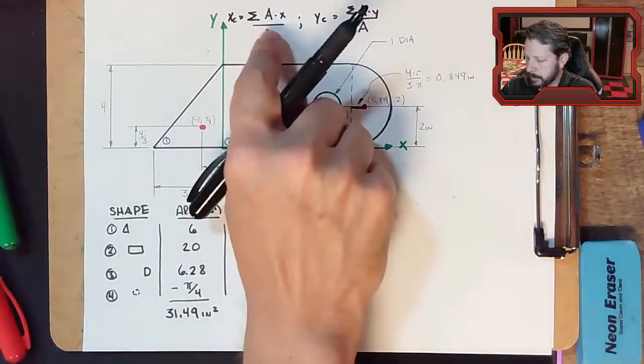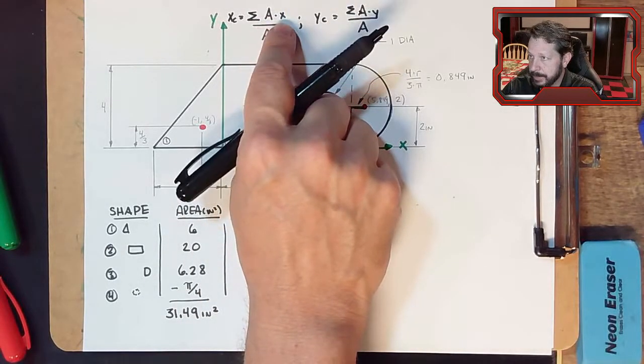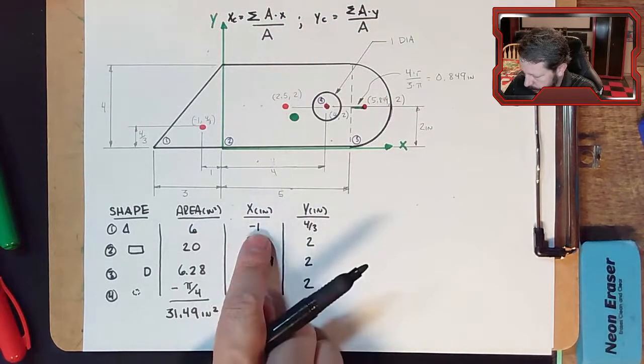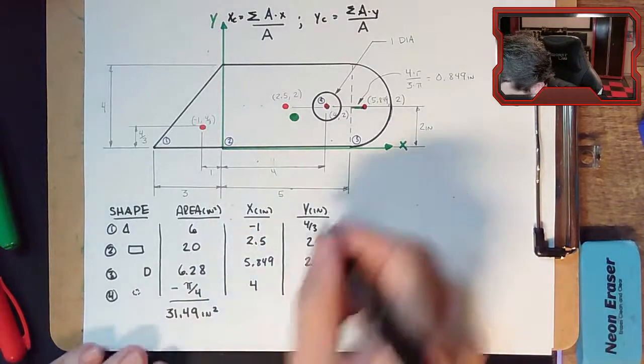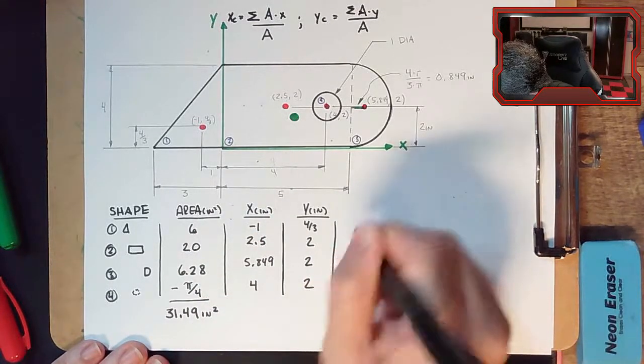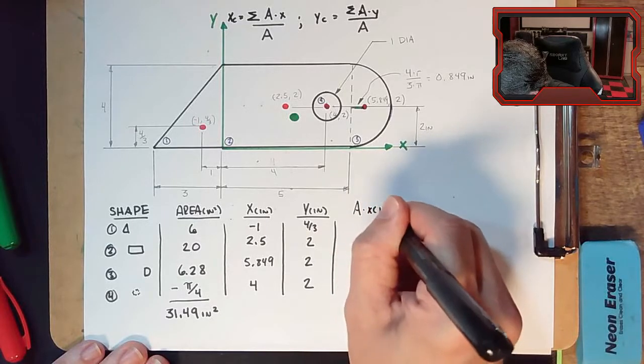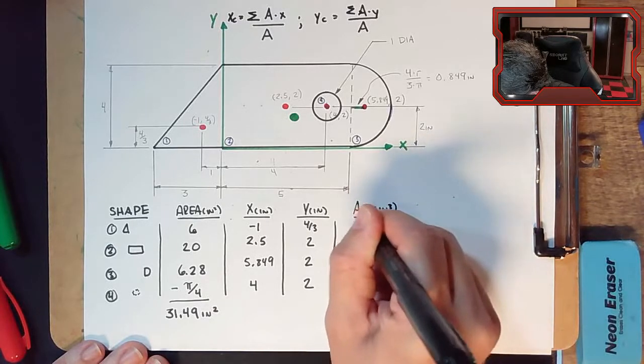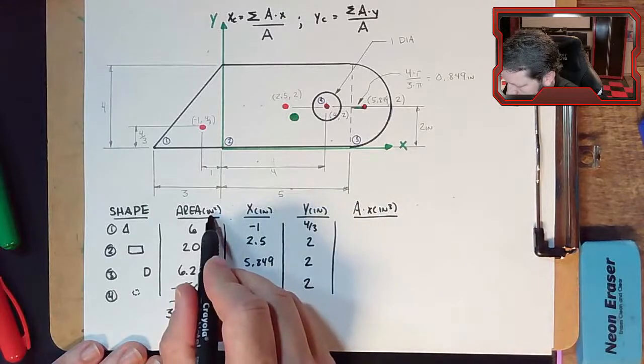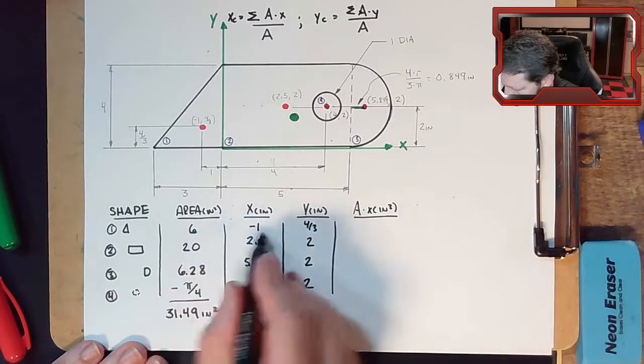Now I want to do the summation of A times x, so every one of the areas times every one of the x's individually. A times x will give me inches cubed. Again, it's not a volume, but it's square inches times inches. So this is 6 times -1.